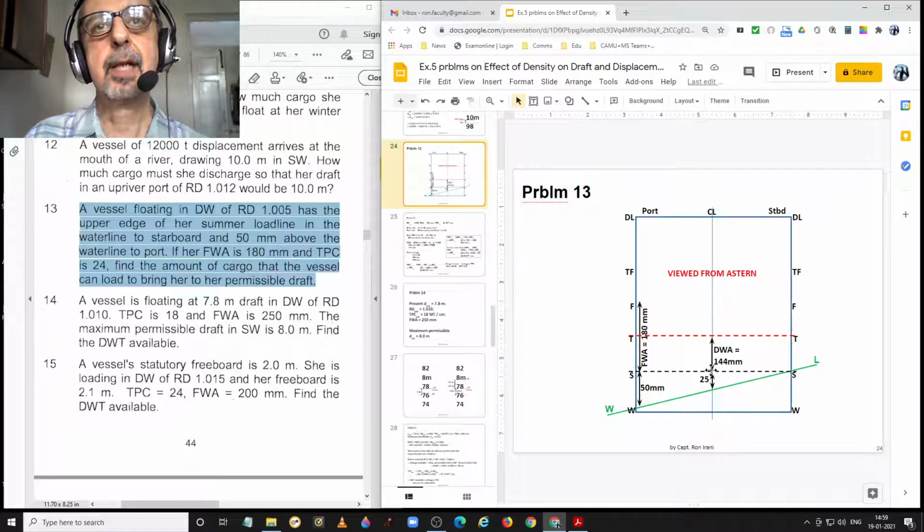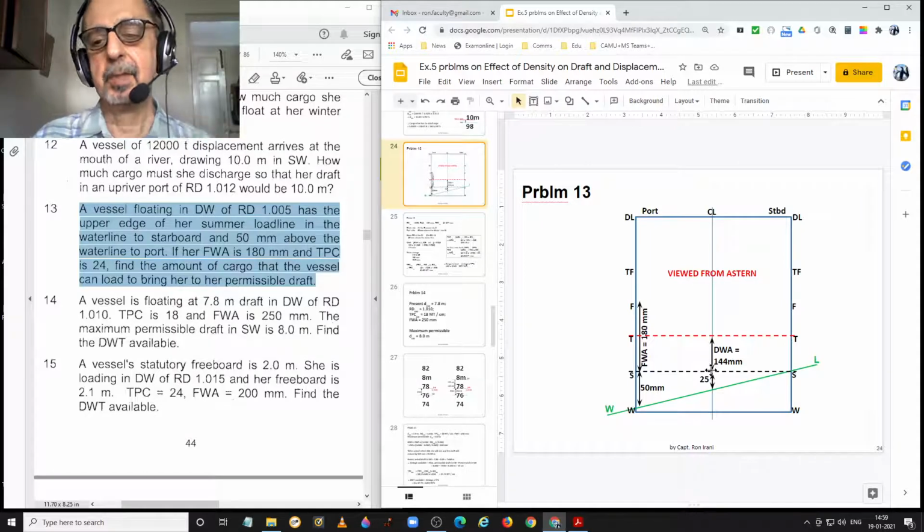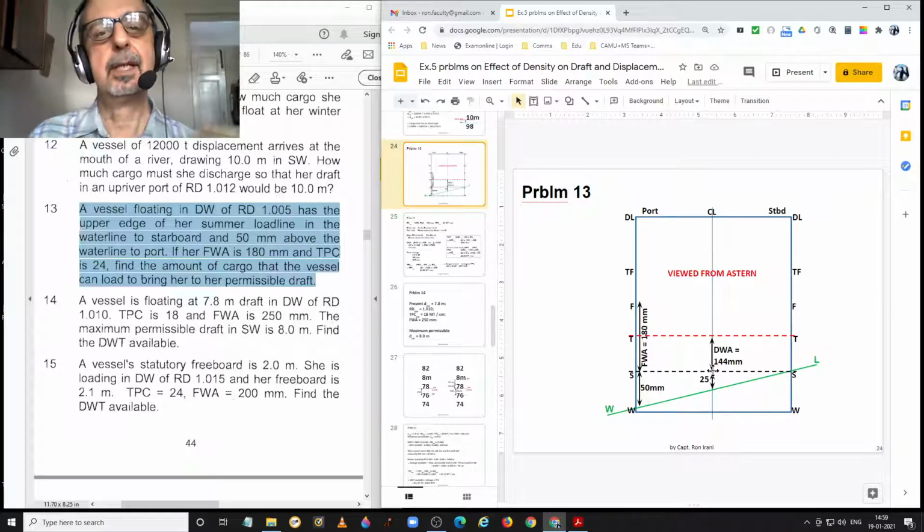If we do not take into account the dock water allowance, we are in effect underloading the ship, which is not permissible due to the economics. So you have to load her to the maximum possible capacity. Thus, we have to allow for the dock water allowance in these problems.